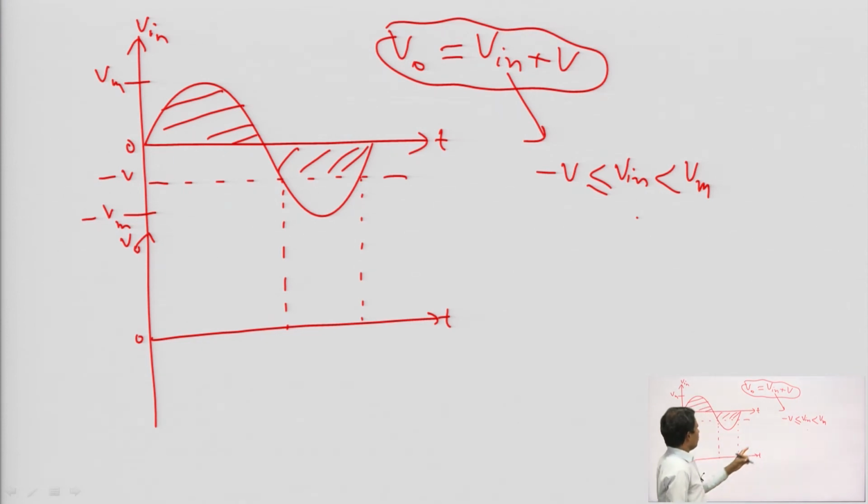This means when V input is minus V, the output is 0, at minus V, these two points have output voltage 0.